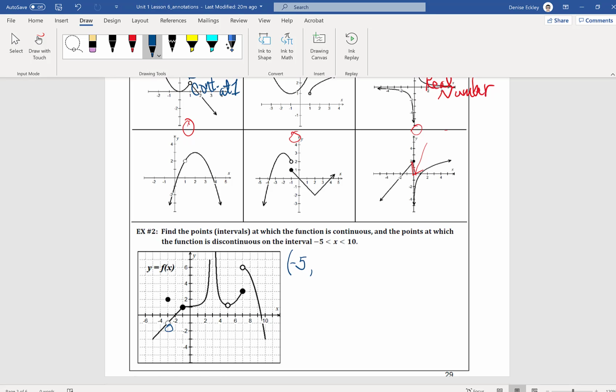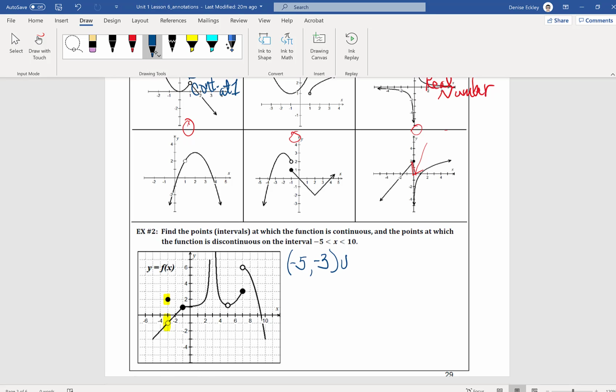It's going to stop right here at being continuous because we have a hole and the value of the function is up here. So -5 to -3.